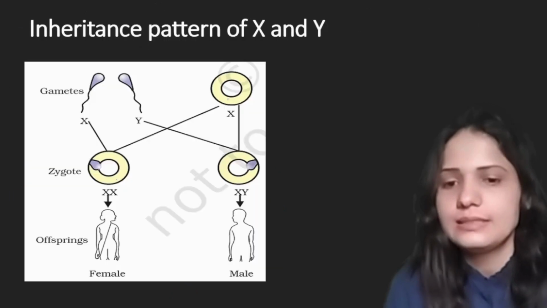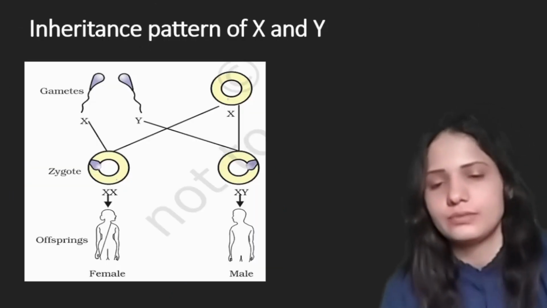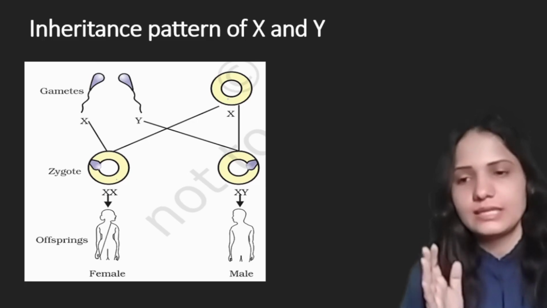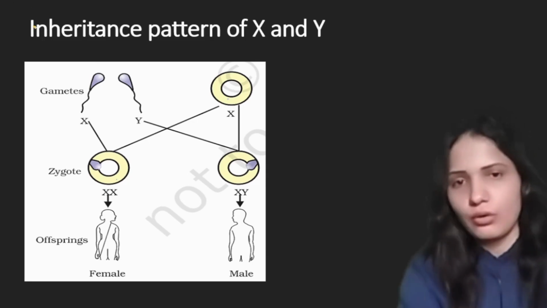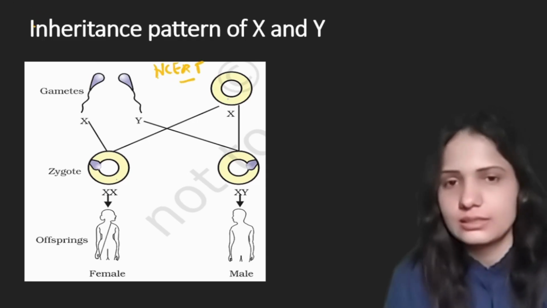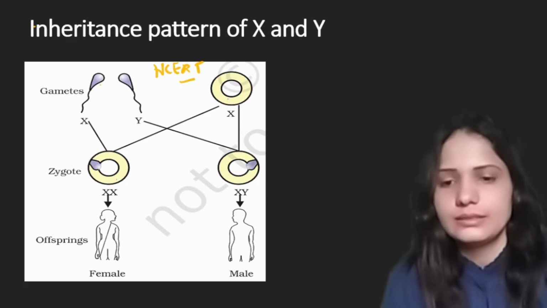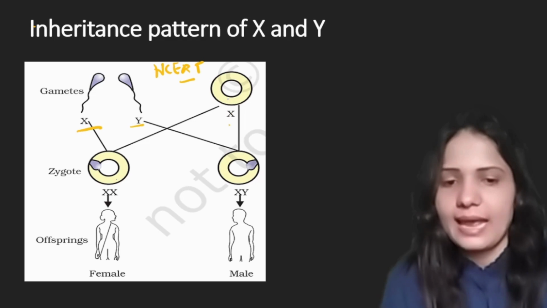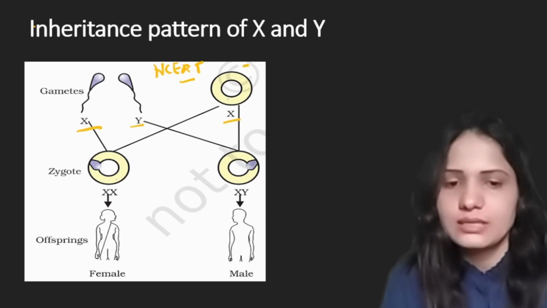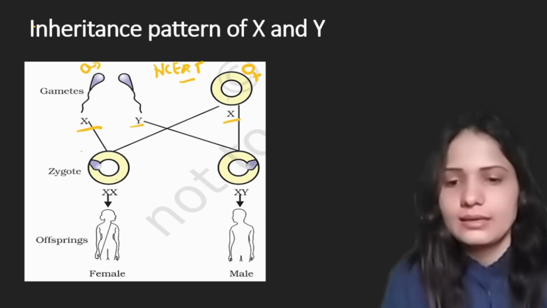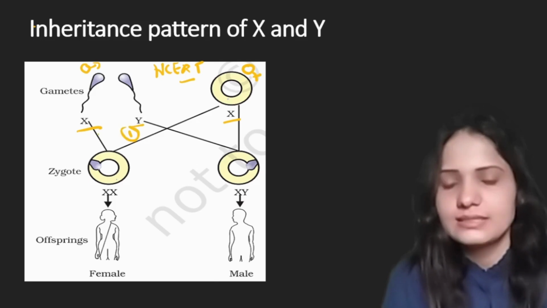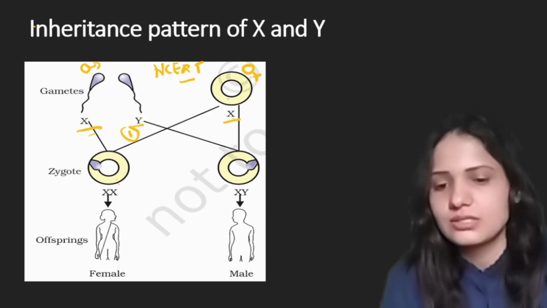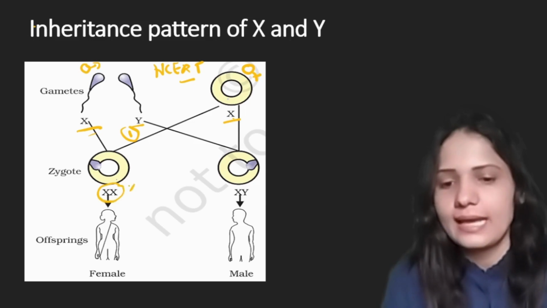Now, see this picture very carefully. This is given in your NCERT, and when you define sex determination in case of human, you have to draw this picture. I have mentioned here that this is from NCERT. See, here we have two types of gametes in case of male, and in case of female we have only this one gamete, X. Case 1, this X gamete combines with this X egg and will result in the formation of this XX type zygote.